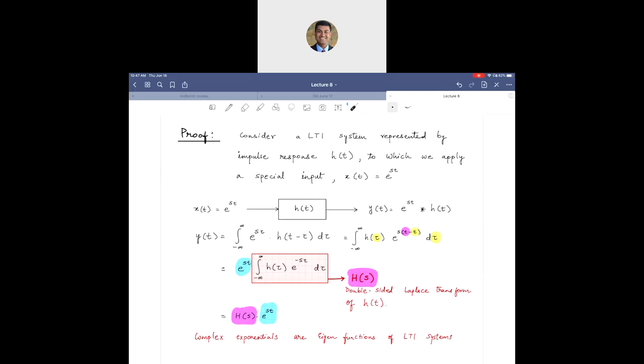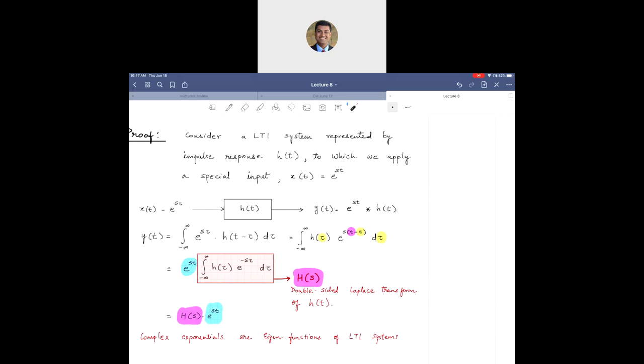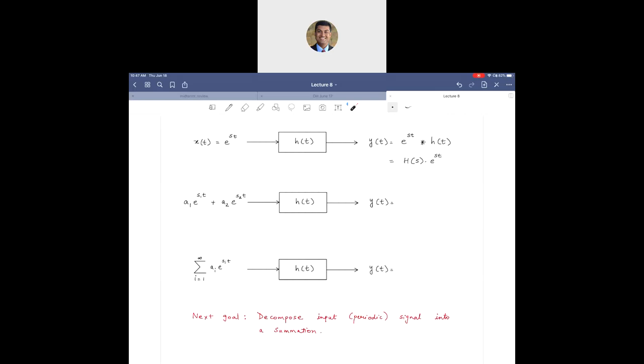So let's take a look at some examples to see, given an input in the form of a complex exponential, what you get for the output. The first one is the one that we just saw, where the input is e to the st. You get e to the st multiplied by H of s as the output.